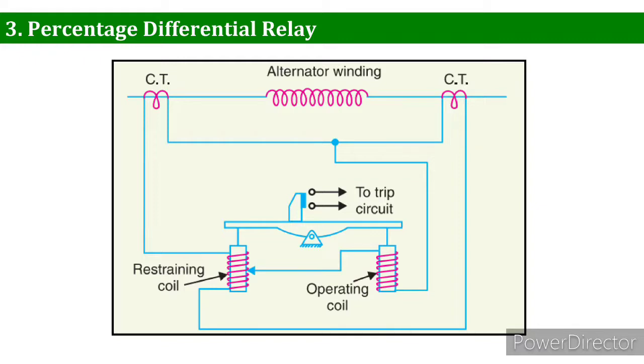The major work of the restraining coil is that it produces a bias force in the opposite direction to the operating force.